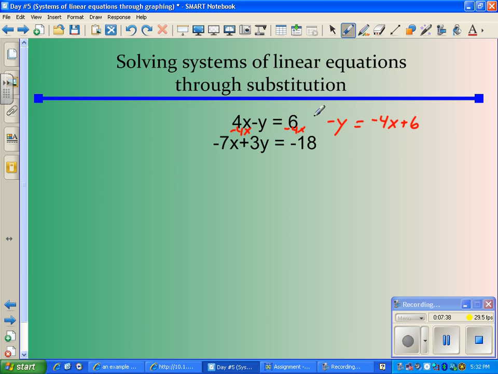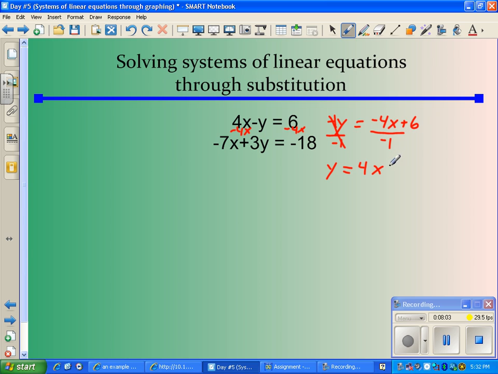Now we can't have a negative in front of y and call it good. It's not alone yet. So technically there is a 1 in front of y. It's a negative 1. I'm going to go backwards and divide by negative 1. So those negative 1's cancel out and we have negative 4x divided by negative 1 becomes 4x. 6 divided by negative 1 becomes negative 6.